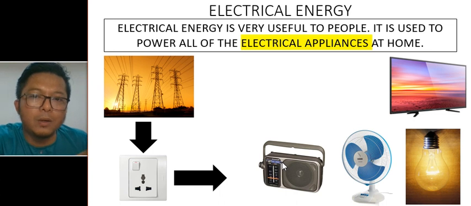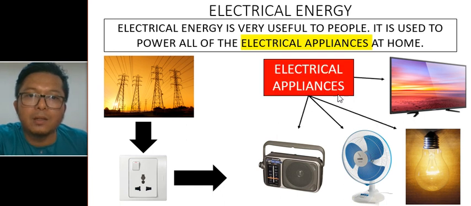Radio. Now remember, some radios use electricity from a socket. See, electrical appliances. What else are electrical appliances? Like I said, oven, a computer, a DVD player if you have a DVD player.